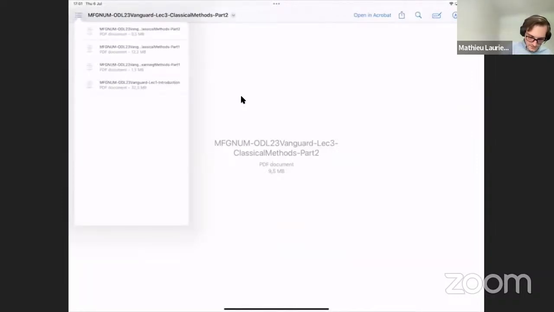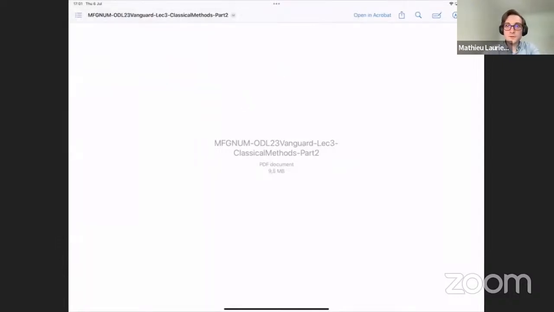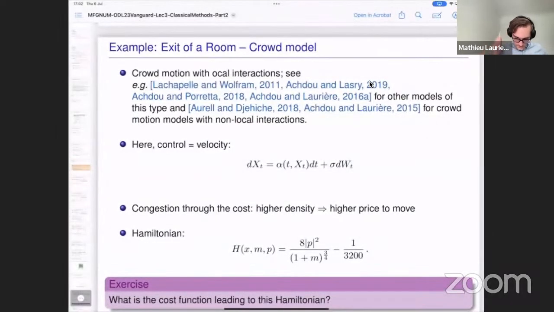I'm sorry for that. Okay, let me try to fix it. So I will stop sharing and I will do it again. Okay, so, all right, I think the problem is fixed. Let me share again. I need to do this. Okay, I think there was a link somewhere.